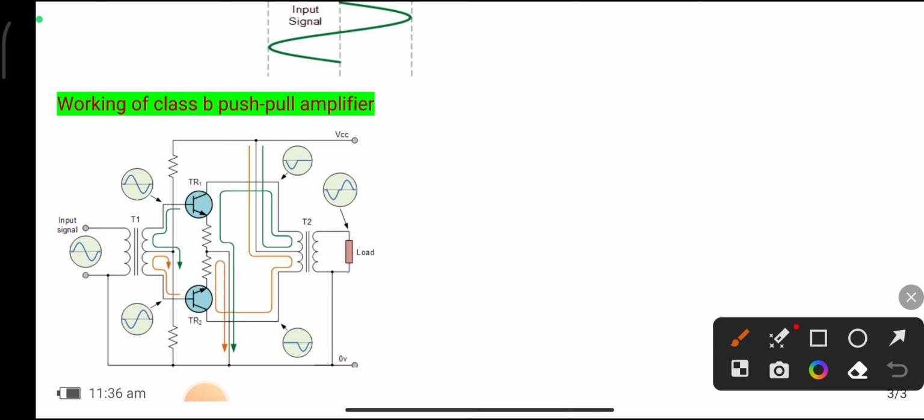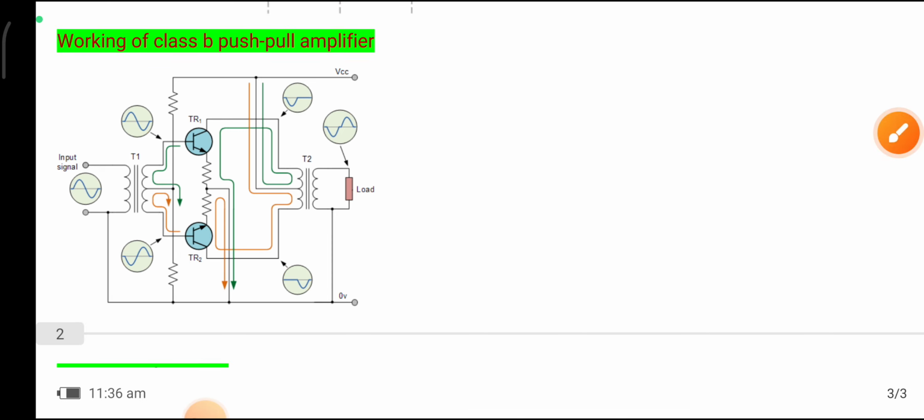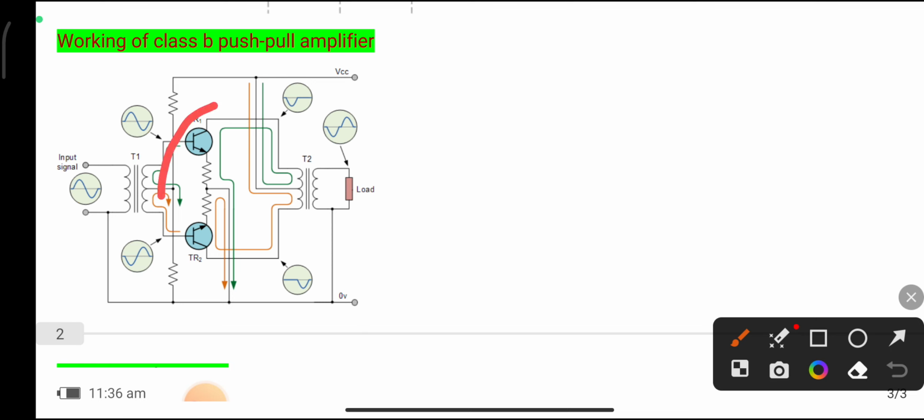You can see there are two transistors, and here we use two NPN transistors, and the output is collected at the collector terminals here and here.